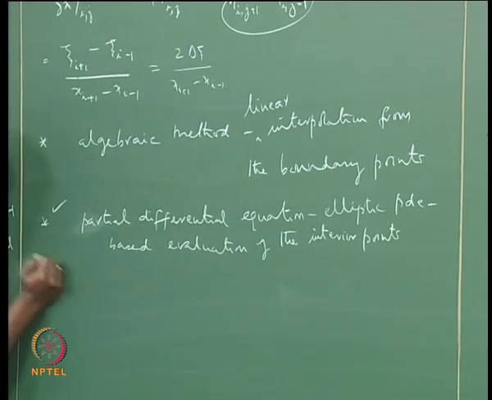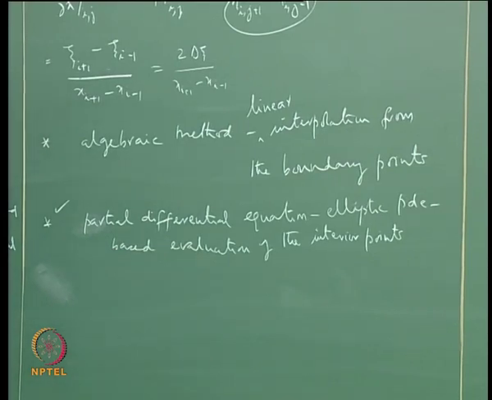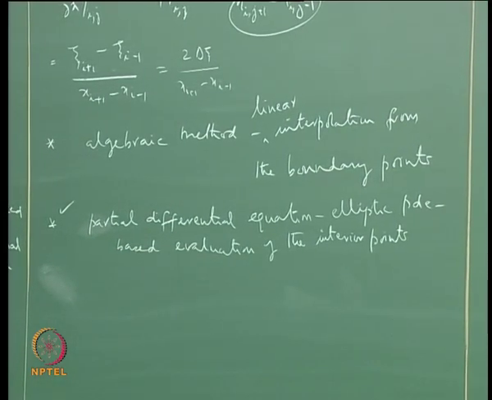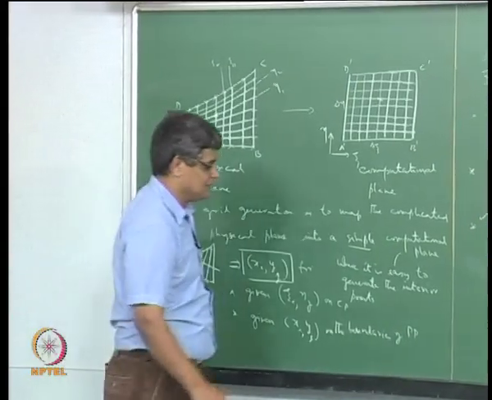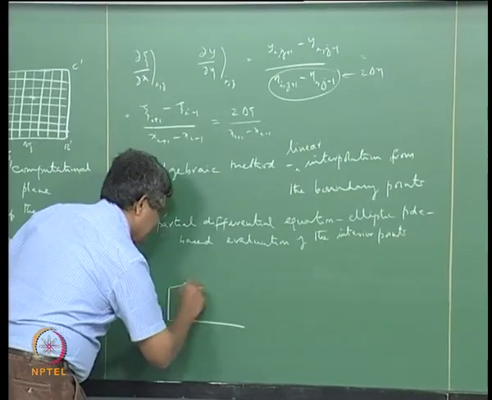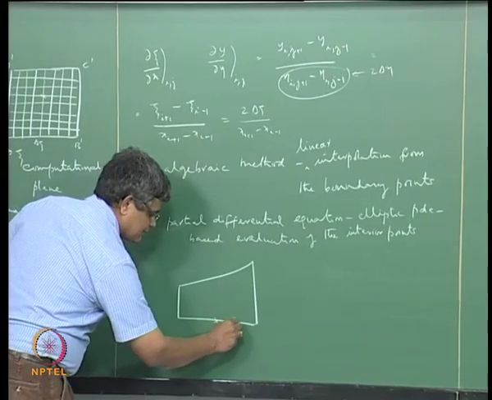So let us now see how we can use the algebraic method. When we talk about interpolation, the simplest way of doing this is that for something as simple as this, we fix the number of points.